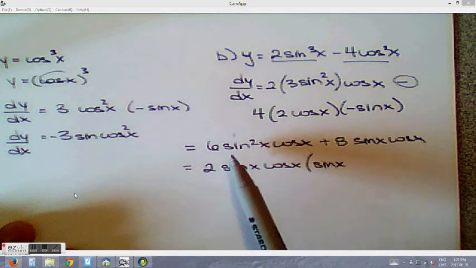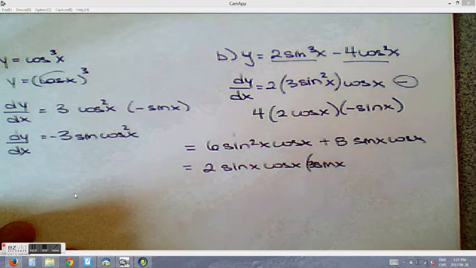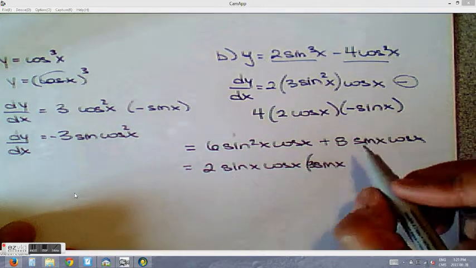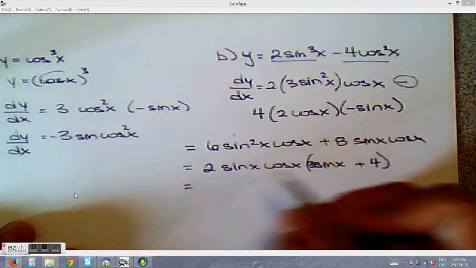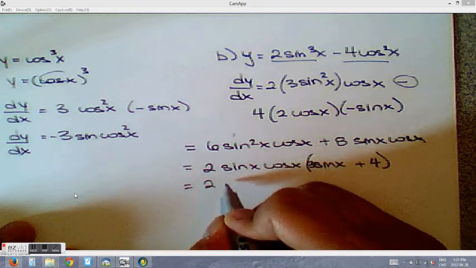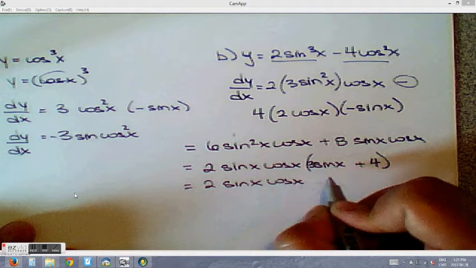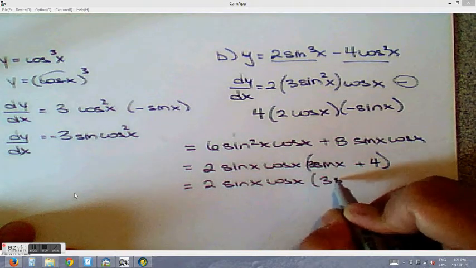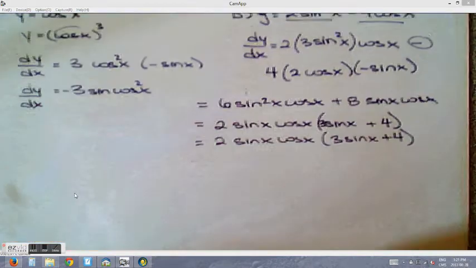And then I'm also left with, oh, and I forgot the 3. I'm just going to put that right in there. 3 sine x plus 4. So 2 sine of x, cosine of x, 3 sine x plus 4.